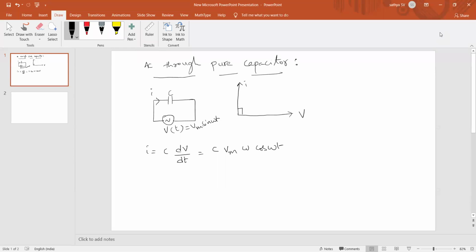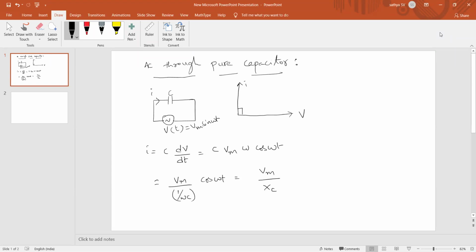Now I can write this as Vm by 1 by omega C into cos omega t, so that it is easy to replace with XC.